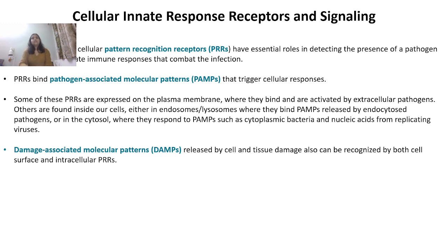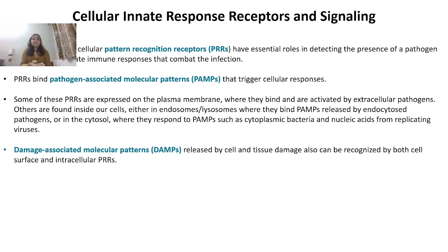So what happens after that? After that, it should go and interact with the receptors. So there are different types of cellular innate response receptors present in our body, and mostly these cellular receptors are known as pattern recognition receptors.